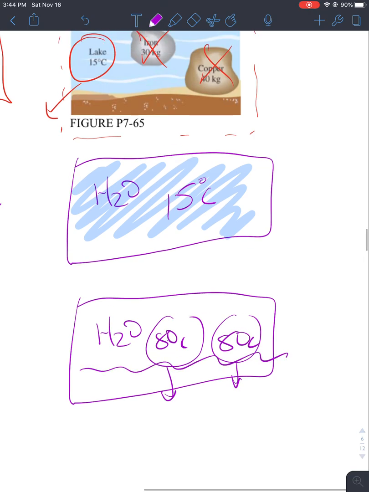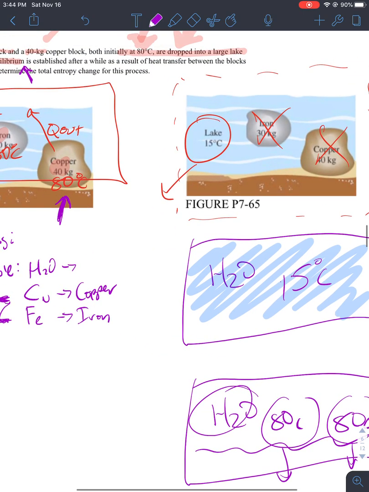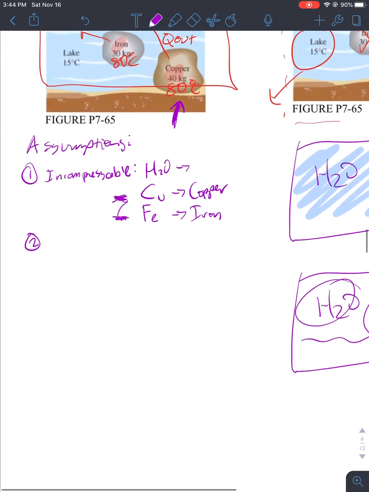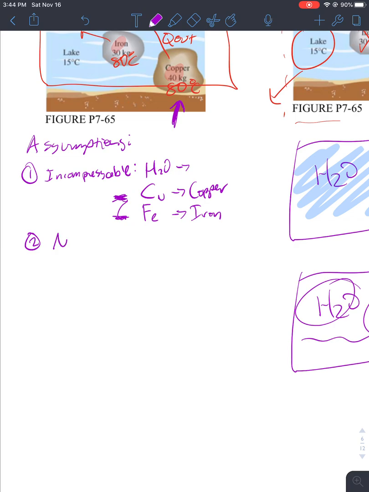They're just sitting on the ground inside the water, inside this infinite reservoir that stays at 15 C. So there's no kinetic energy, and no change in potential energy.